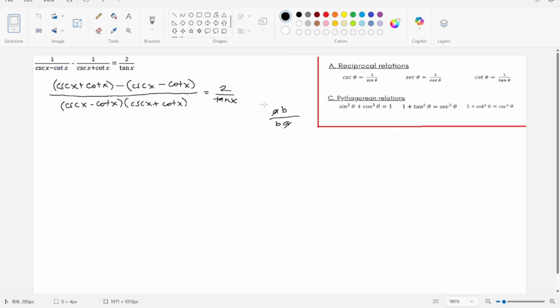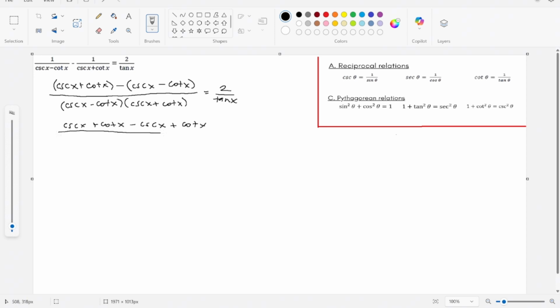Okay, so what we'll do is simplify natin yung numerator by distributing the minus operation. So, yung numerator natin magiging cosecant x plus cotangent x minus cosecant x plus kasi negative times negative ay positive cotangent x. Okay.